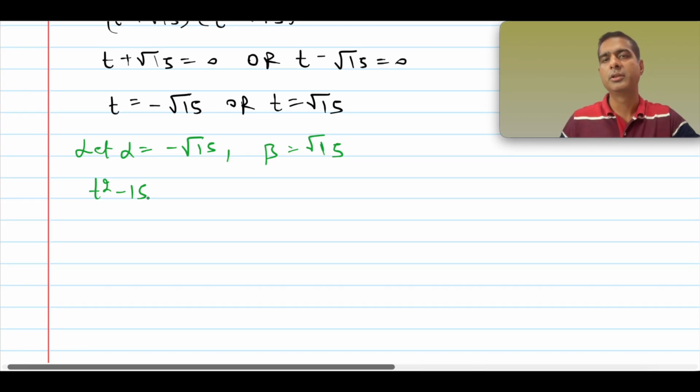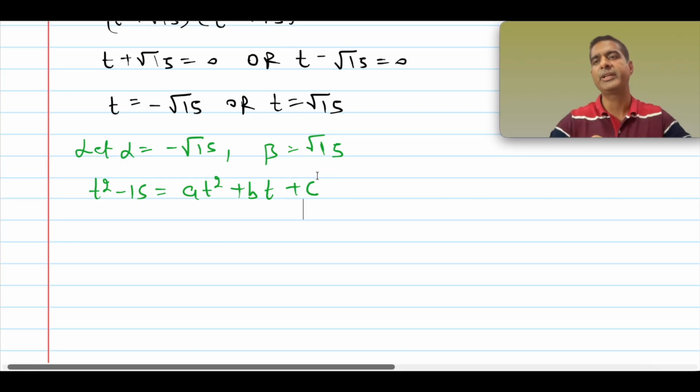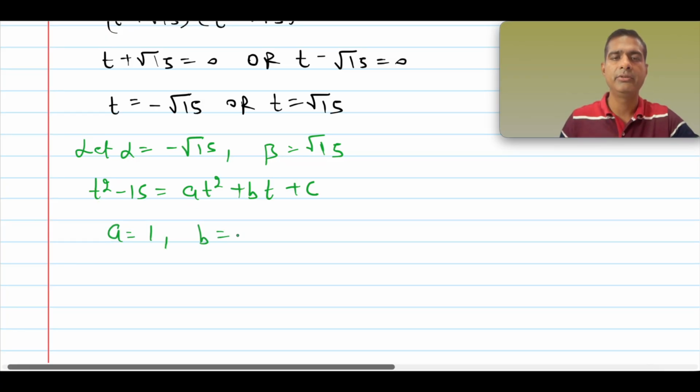So students, our polynomial is t square minus 15. Let us compare it with at square plus bt plus c to find out the values of a, b and c, so that we can verify the relationship between the coefficients and the roots. So comparing the coefficients of the like terms, I can say a will be 1, b will be 0 as there is no t on the left hand side, and c, the constant term, will be negative 15.